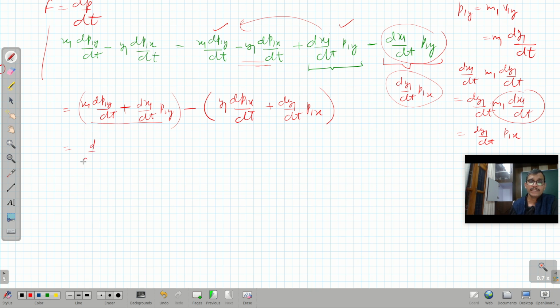So it is written as d upon dt of x1 p1y minus, and this can be written as y1 and p1x, its derivative.